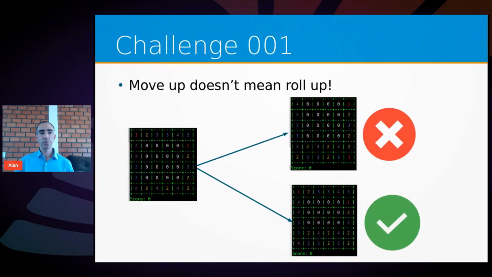But when I started developing it, on the first day, I faced many issues that I didn't imagine before starting it. For example, on the left side we have an example of the initial board game.